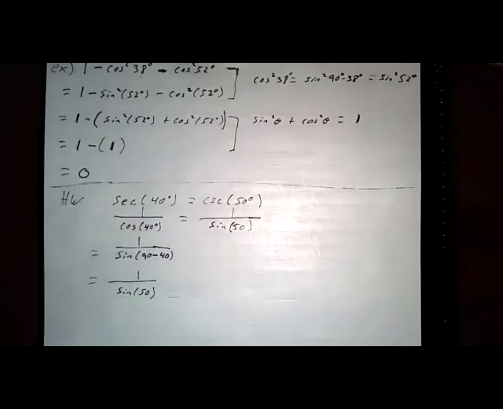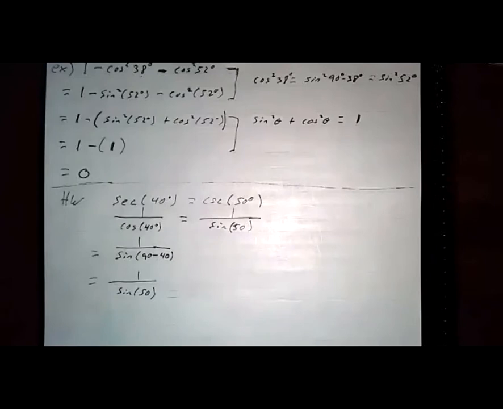And your words were, we got to change it to the right thing. But what I'm getting at is these properties between the angles. You changed secant to cosine.